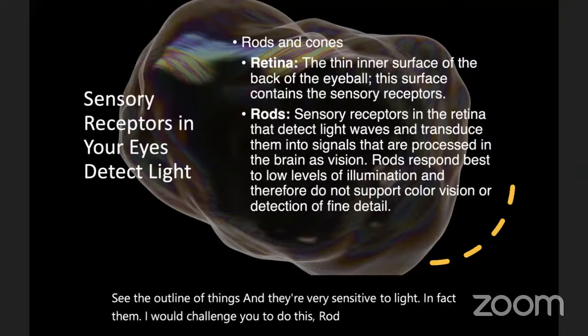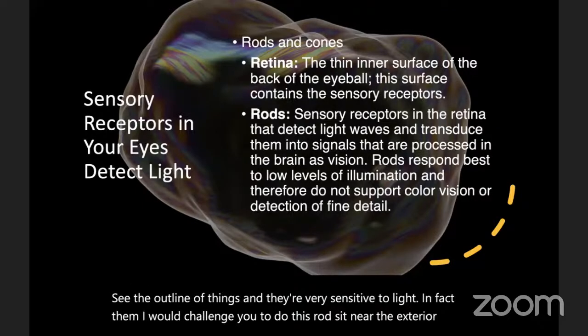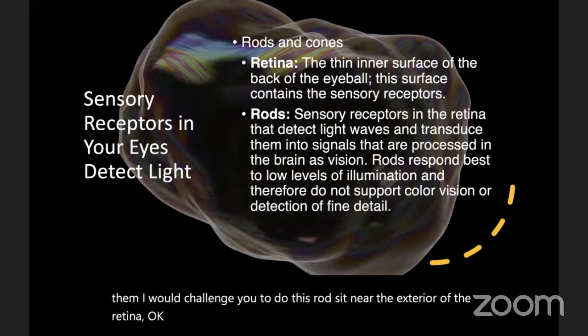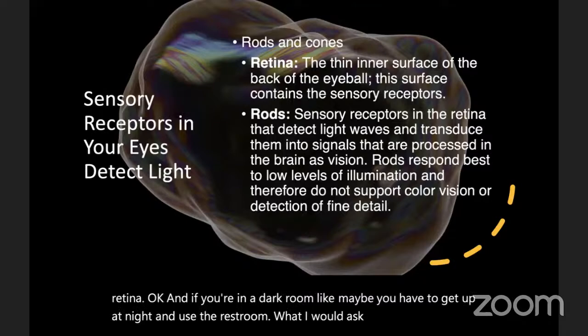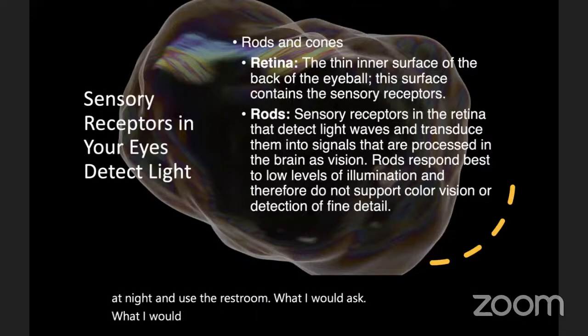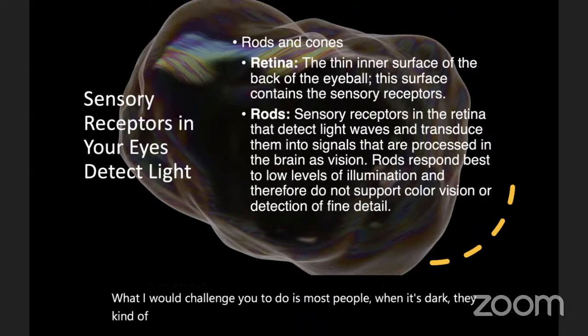Rods sit near the exterior of the retina, okay? And if you're in a dark room, like maybe you have to get up at night and use the restroom, what I would challenge you to do is, most people, when it's dark, squint and try to look forward to try and see where they're going.